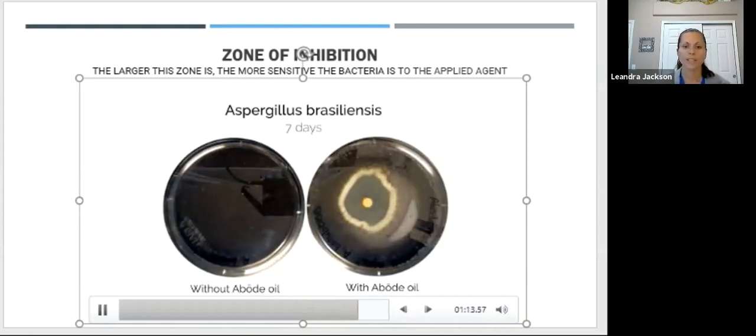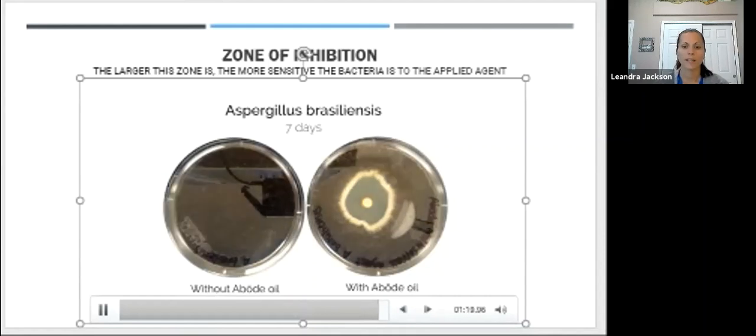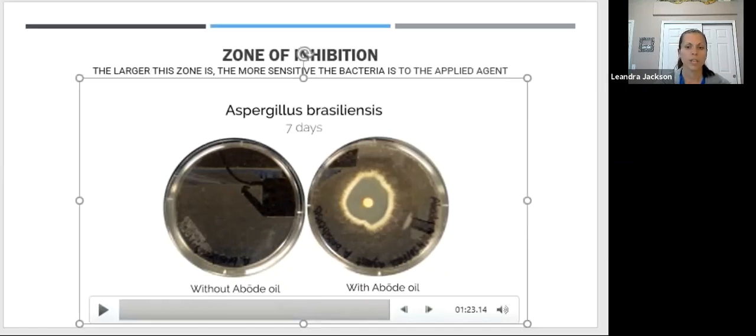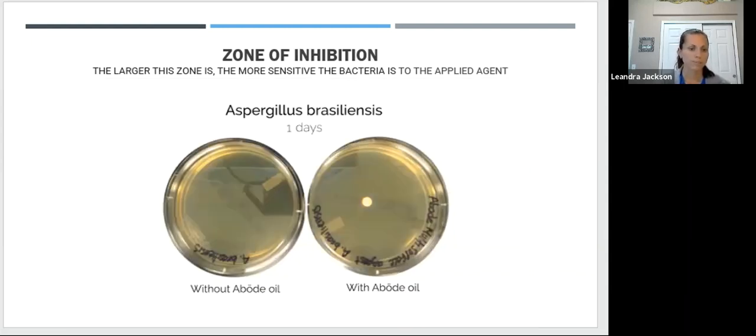So on the left side, it's totally black and just, it's totally overgrown. And then on the right side, this oil has dramatically reduced the growth of mold around the zone of inhibition. So that's pretty amazing. I'm sure you could see a variety of these kinds of little studies on any videos, YouTube or something. You could probably search.